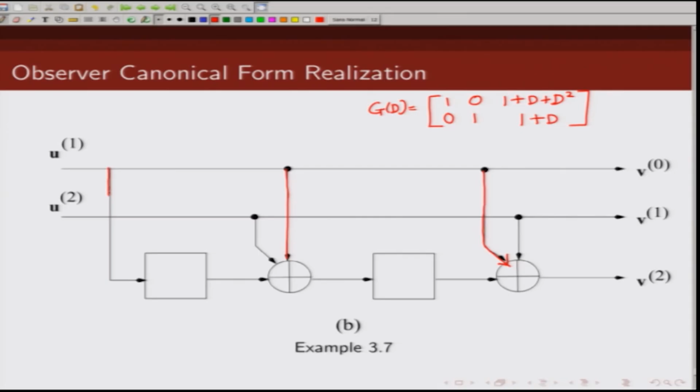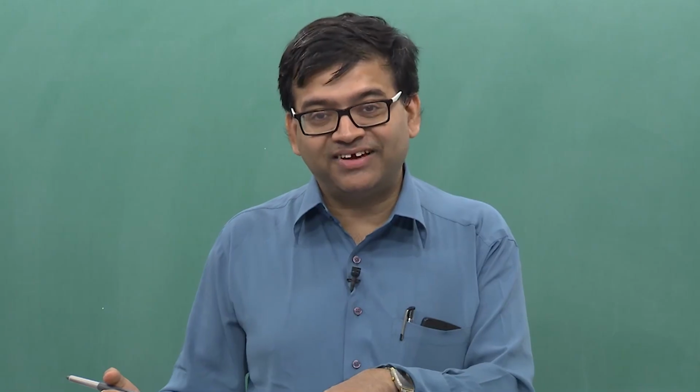That is this term. Fine. Plus 1 plus D times U2 of D. So then what we have is U2 of D is this and D times U2 of D is this. So this is our observer canonical form realization for this convolutional encoder with this generator matrix.